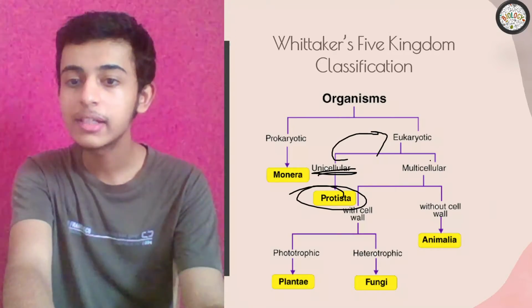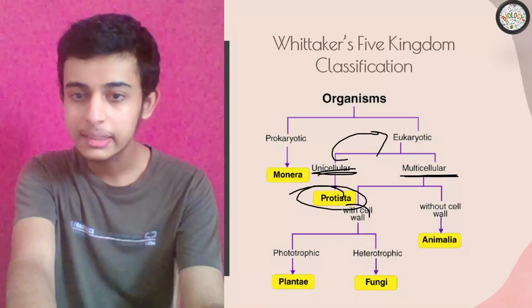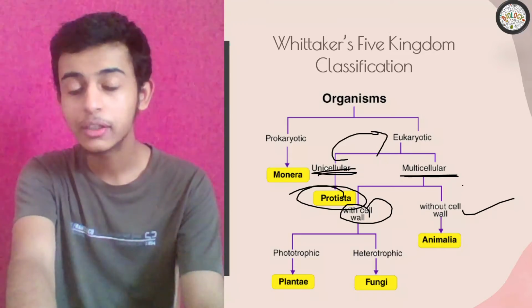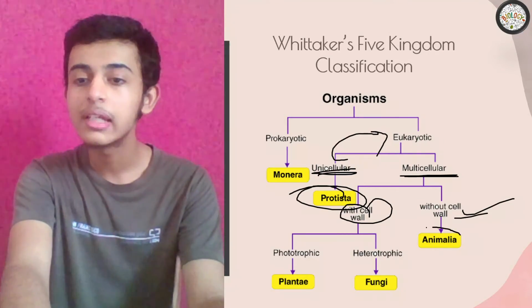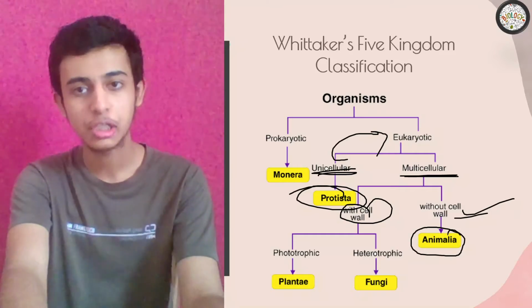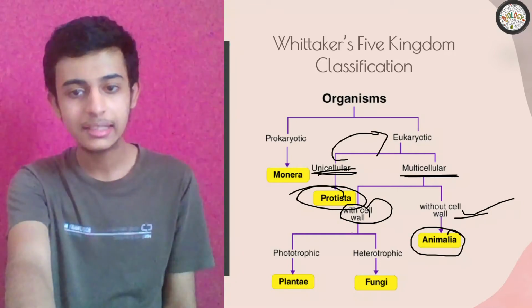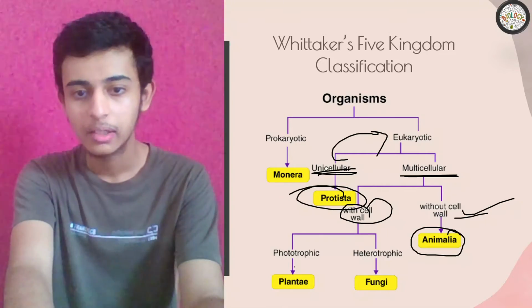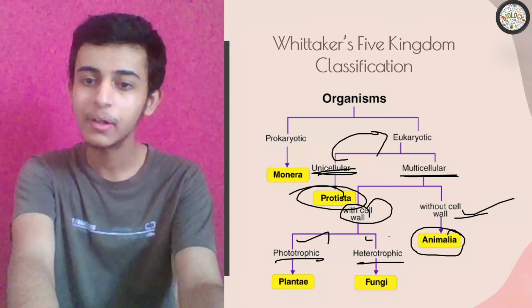Now, if it is multicellular, it can either be with the cell wall or without the cell wall. If a multicellular eukaryotic organism is not having a cell wall, then it will be grouped under the category of Animalia. And if it has the cell wall, then there will be again some conditions. Whether it is going to be phototrophic or heterotrophic, that is autotrophic or heterotrophic.